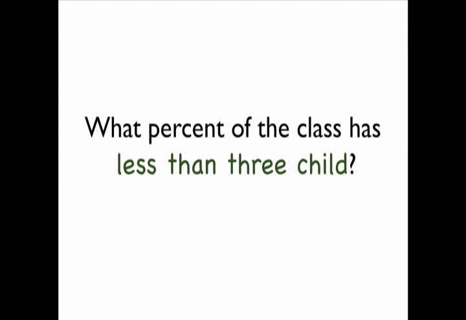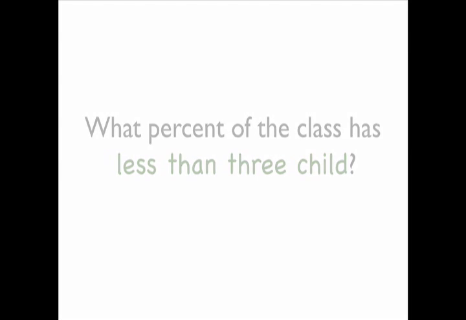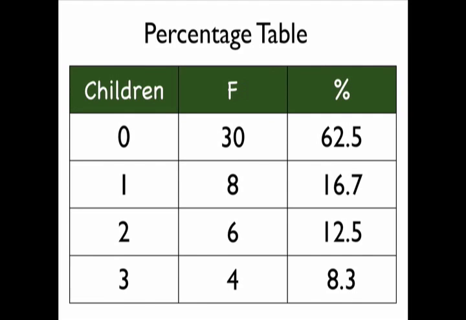What percent of the class has less than 3 children? Less than 3 means smaller than 3. 0 is smaller than 3, 1 is smaller than 3, and 2 is smaller than 3.